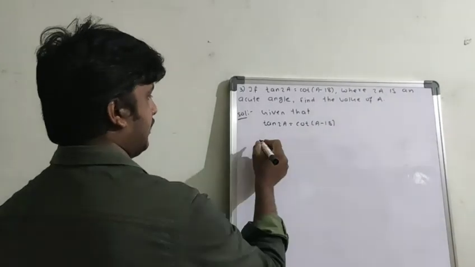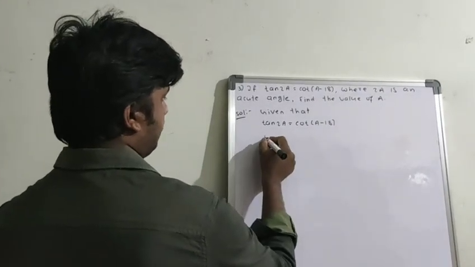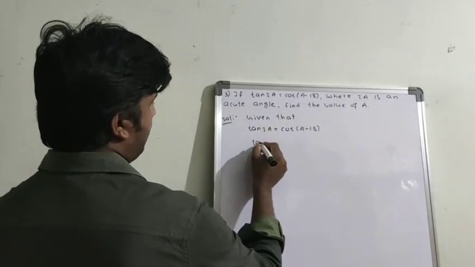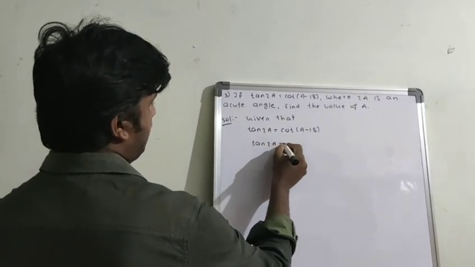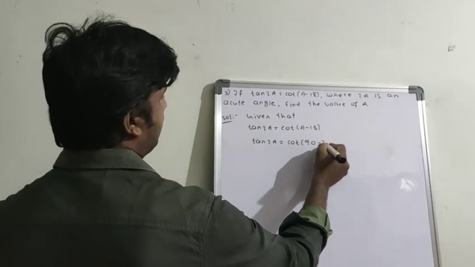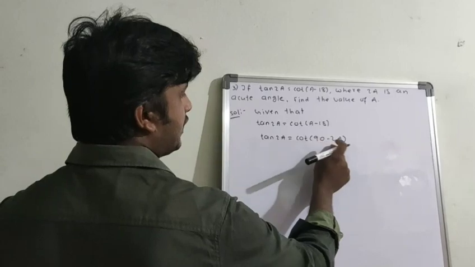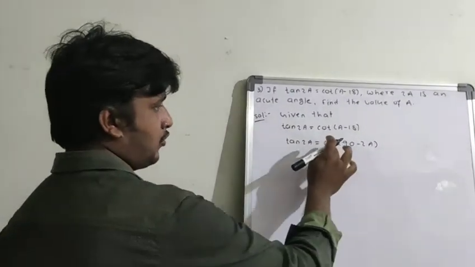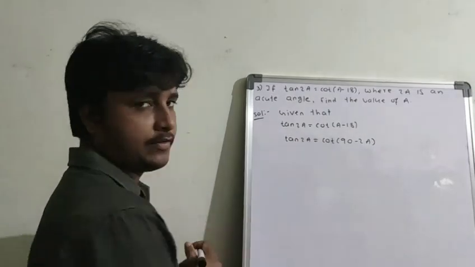Actually, I am substituting tan 2a, shall I write cot 90 minus 2a? Actually, what is the cot 90 minus 2a value? Tan 2a only, na? Yes, sir. Cot 90 minus 2a is tan 2a only.